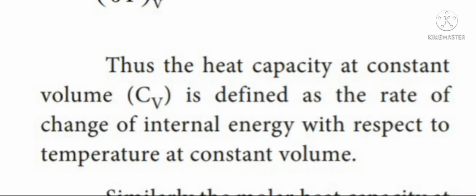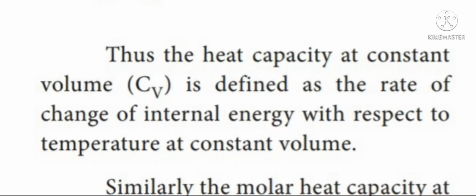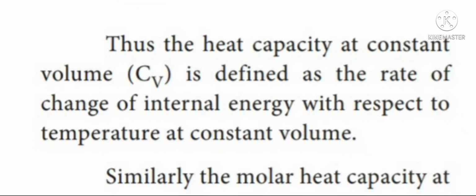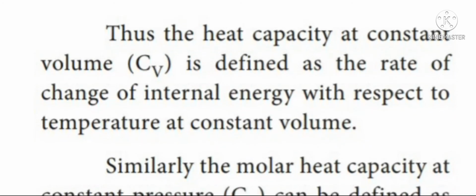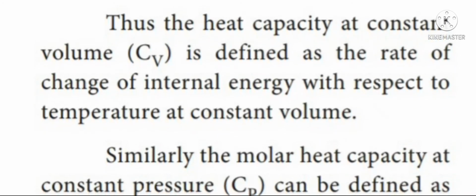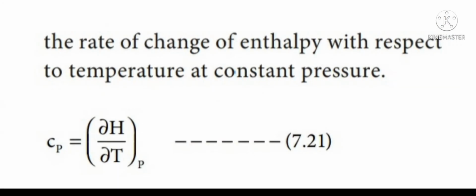Similarly, the molar heat capacity at a constant pressure Cp can be defined as the rate of change of enthalpy with respect to temperature at a constant pressure. It is given by Cp is equal to dH by dT at a constant pressure.